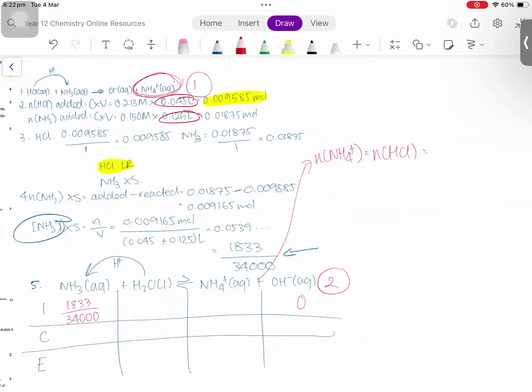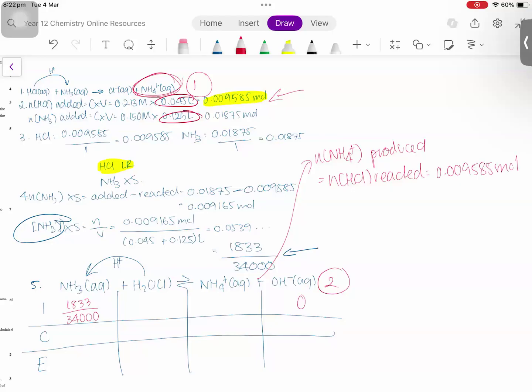And how much HCl did we say got reacted? Because that'll be the amount of NH4 plus that got made as well. So let's label this a bit clearer. Moles of NH4 plus produced is moles of HCl reacted, which was the original 0.009585 mole that we calculated earlier.